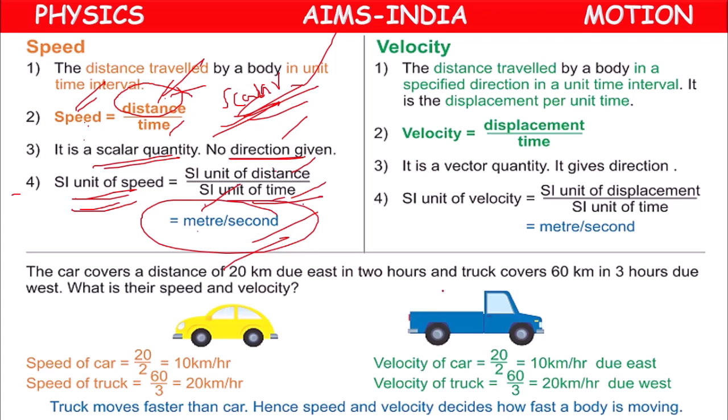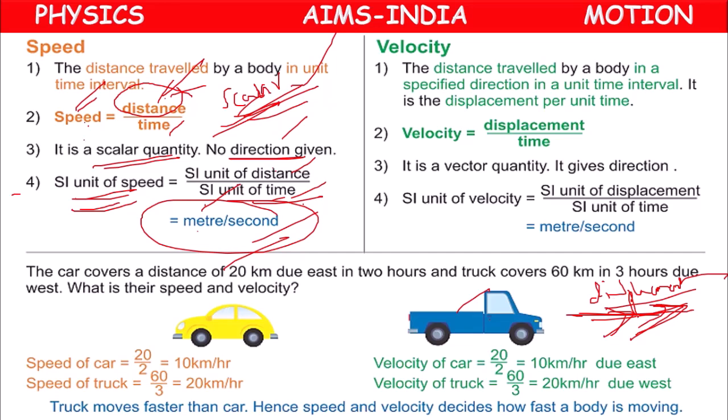Suppose the truck is traveling in a straight line. Whatever journey it has traveled is considered as displacement, not distance, because it is going in a definite direction along a straight line. The car has covered displacement.